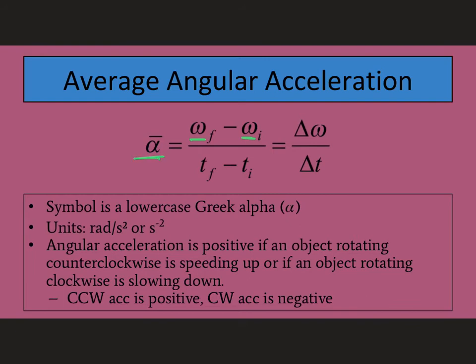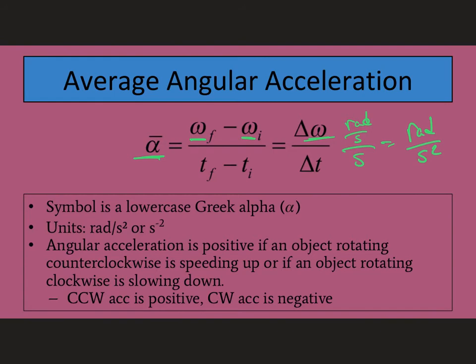So it's still keeping with the A for acceleration, except now we're using the Greek letter instead of the English letter. And then from a unit perspective, because our change in rotational velocity is radians per second, and then time is seconds, our units for angular acceleration are radians per second squared.